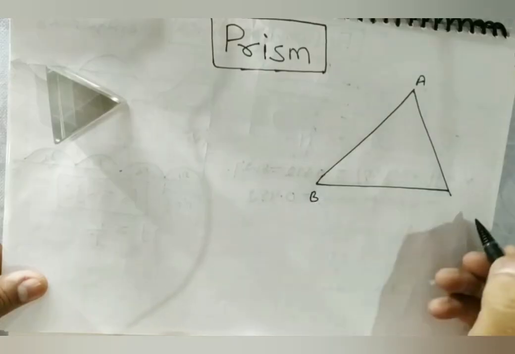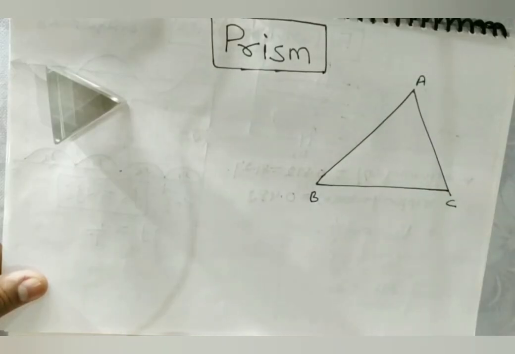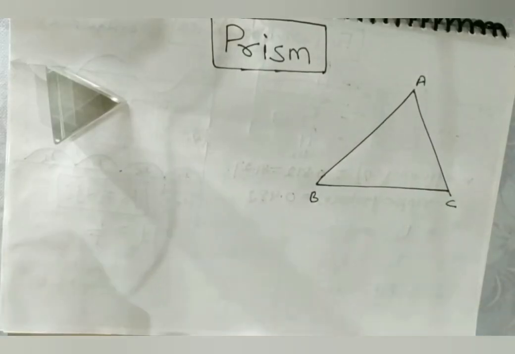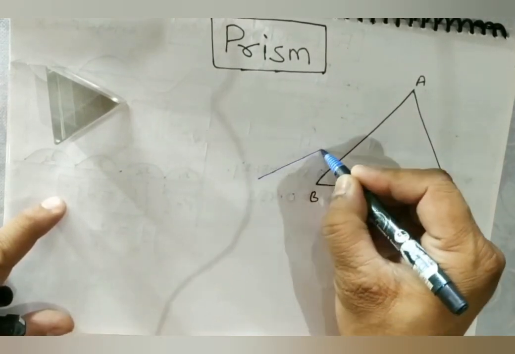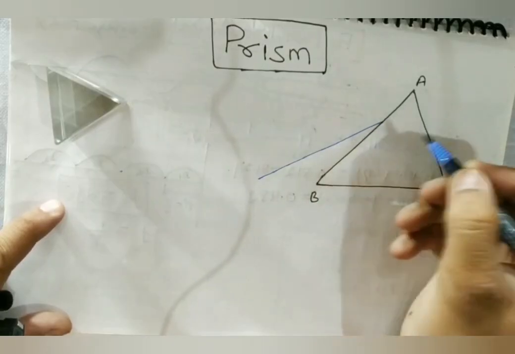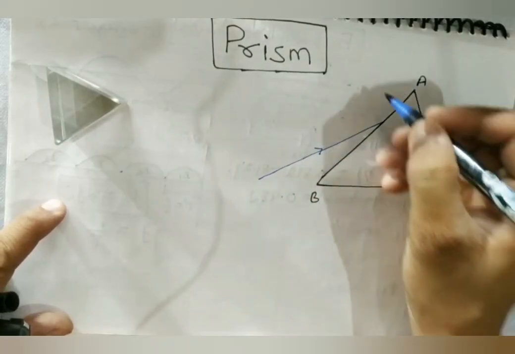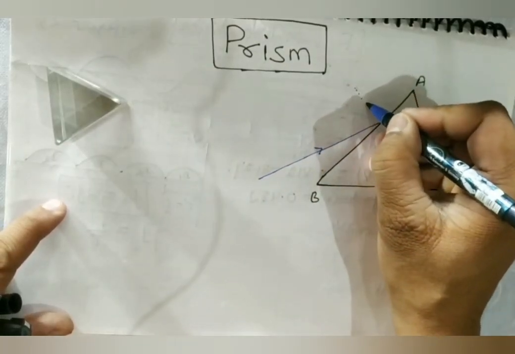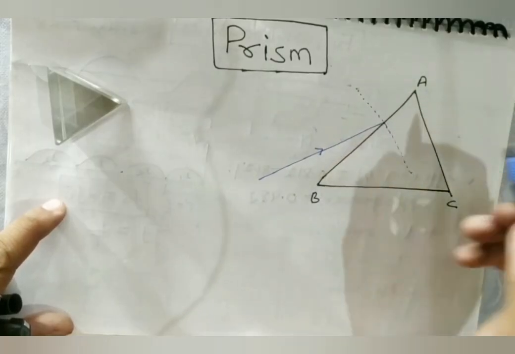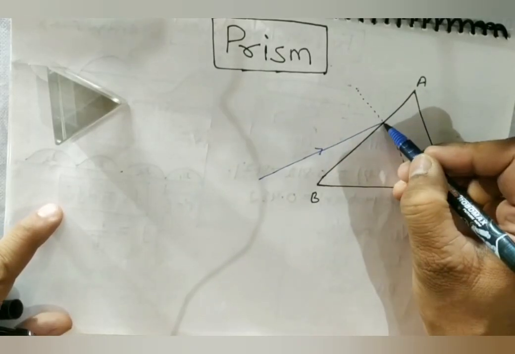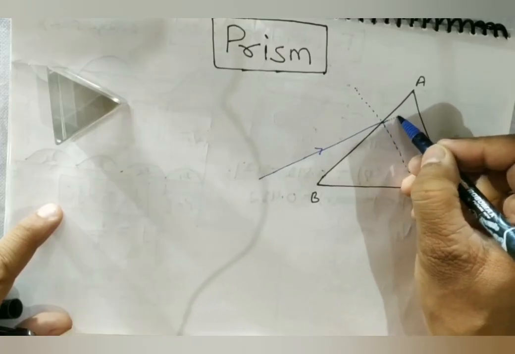A, B and C. This is a prism. This is the incident ray. This ray is incident on the prism, and this is the normal at the point of incidence. If there was no prism, this light must go like this without deviation.